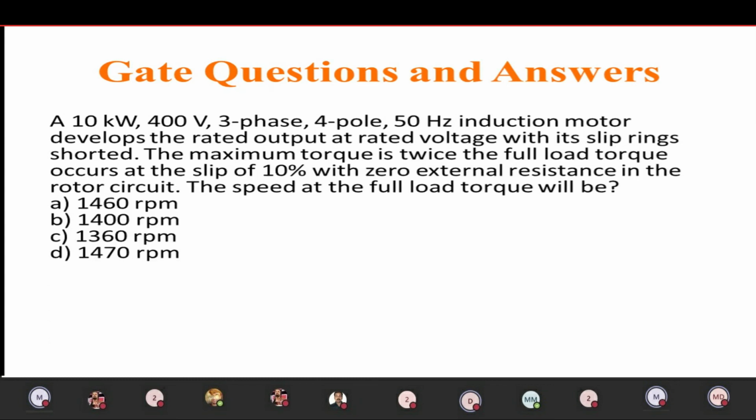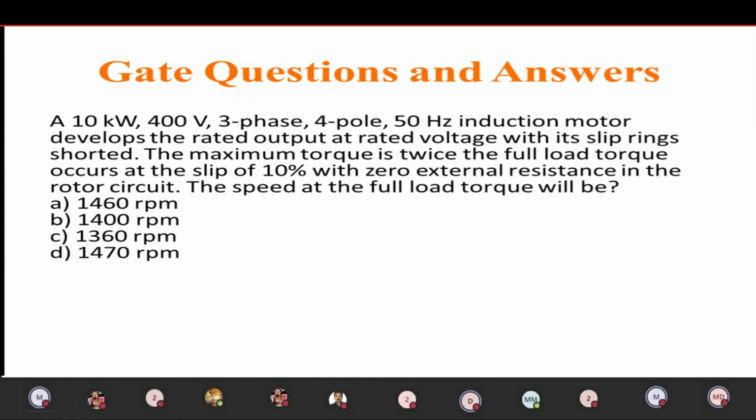A 10 kilowatt, 400 volt, 3 phase, 4 pole, 50 hertz induction motor develops the rated output at a rated voltage with a slip ring shorted. The maximum torque is twice the full load torque, occurring at a slip of 10% with zero external resistance in the rotor circuit.